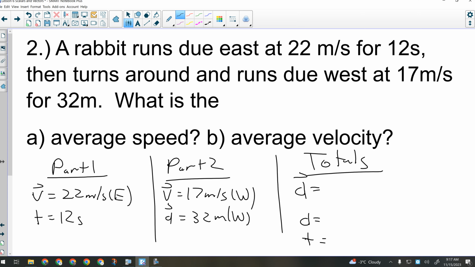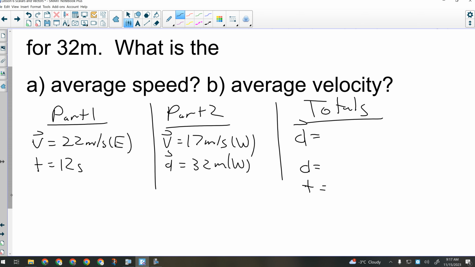Do I have all that information? No. This is what usually happens with a multi-step question, okay? I don't have the displacement for part 1. Can I find it? I can. I have V and T, so I should be able to find D. So that's the first thing I gotta do.